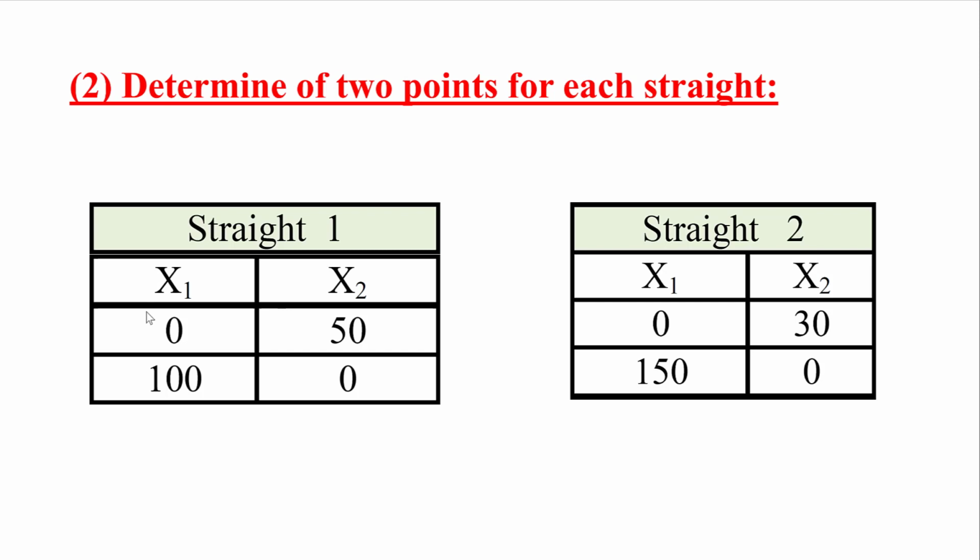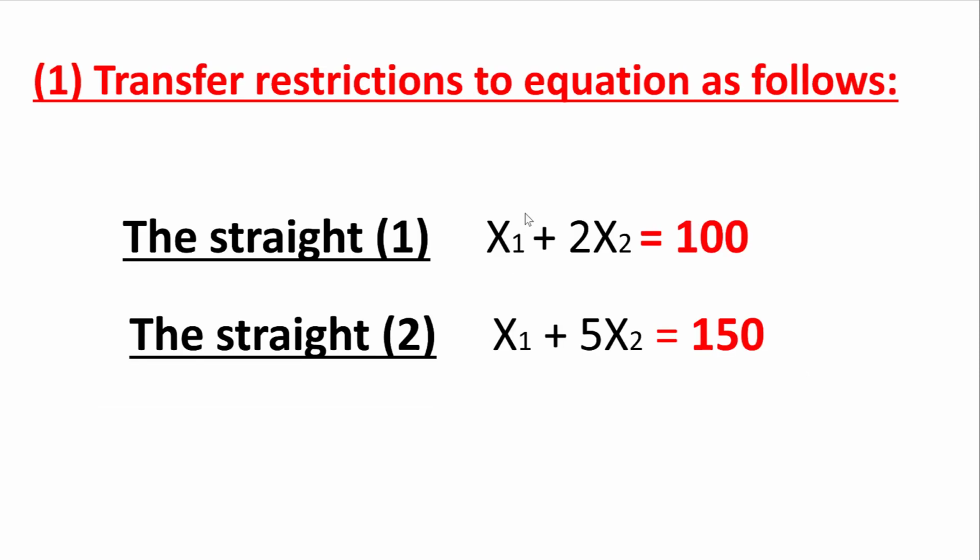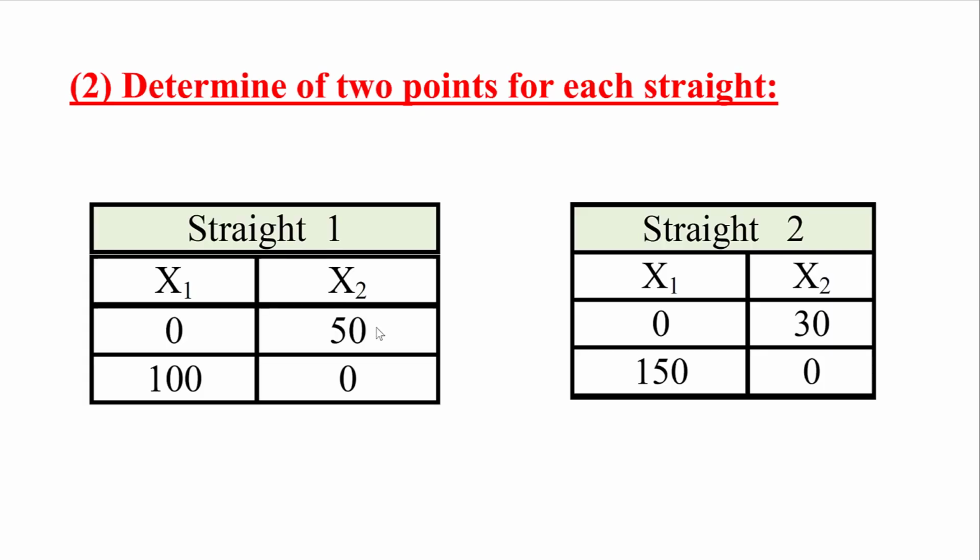When x1 equals 0, x2 will be equal to 50. How? When x1 in constraint 1 equals 0, 2x2 equals 100, so x2 equals 100 divided by 2 equals 50. So when x1 equals 0, x2 equals 50.